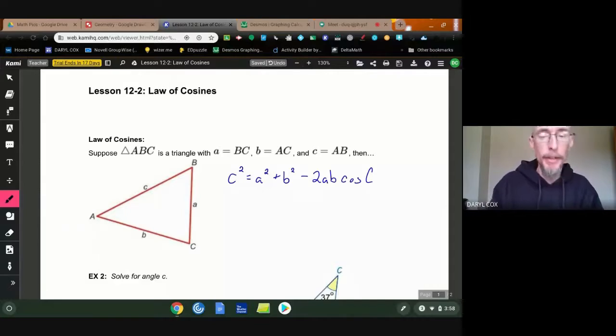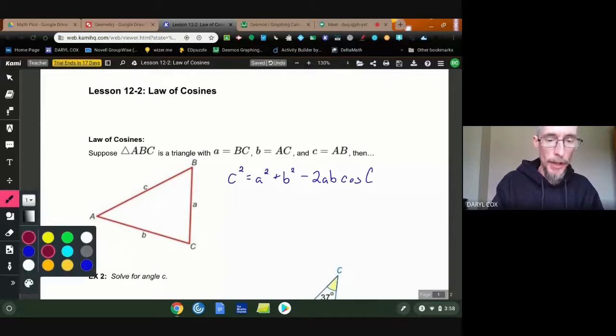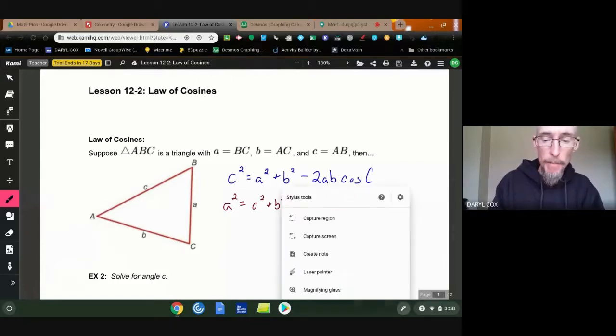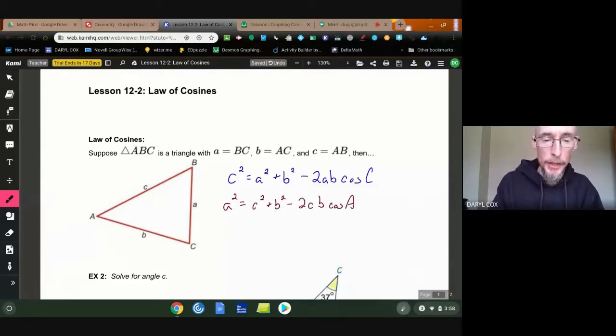Now, even though we tend to look at it like this, it can be written in a bunch of different ways. It can easily be written as a squared equals c squared plus b squared minus 2cb cosine of angle A. Notice what happened here: when I changed the side letter, I also changed the angle.